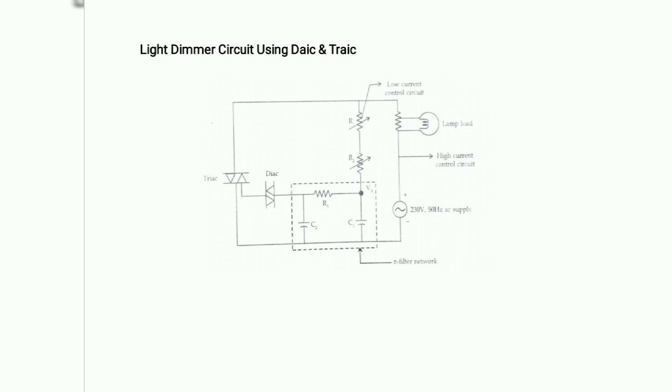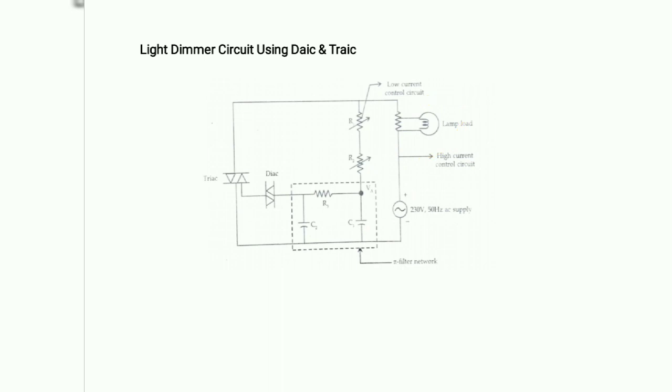Consequently the gate of the triac receives a trigger pulse through the diac. So the triac is turned on to pass the AC power to the lamp.